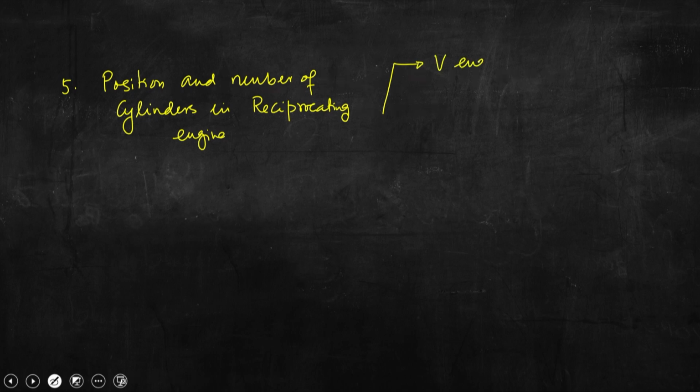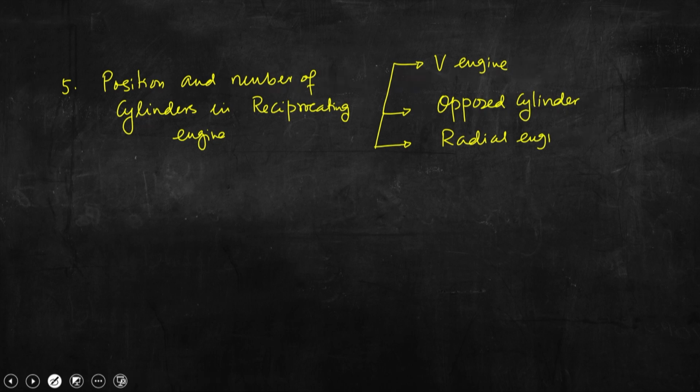then we can have V engine, V shaped, then opposed cylinder type, radial engine, and opposed piston type.